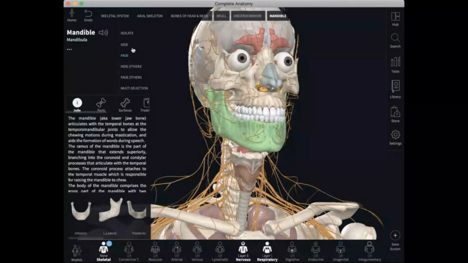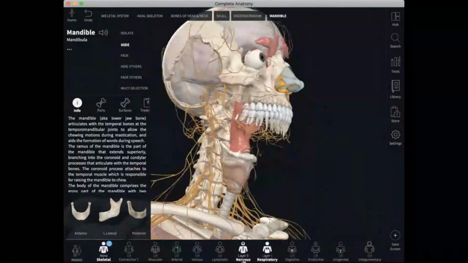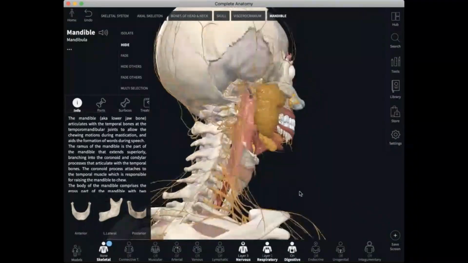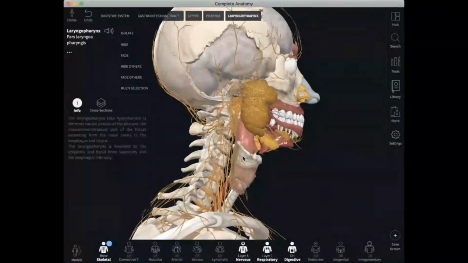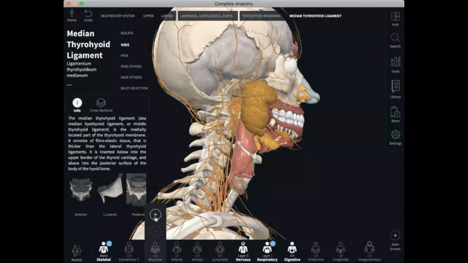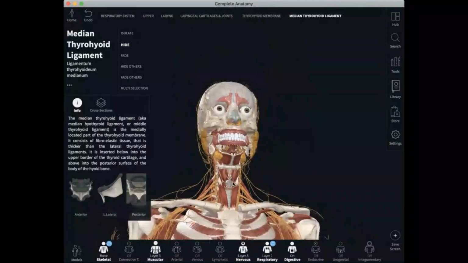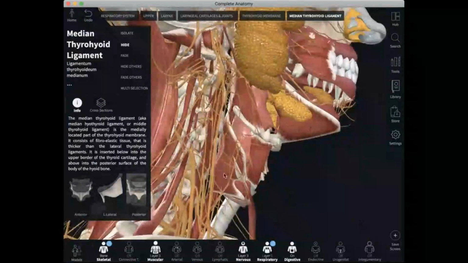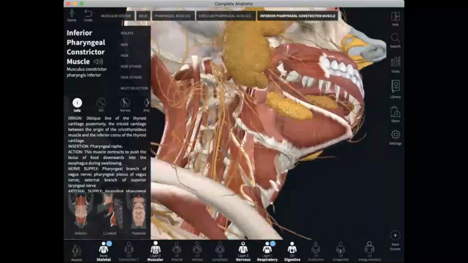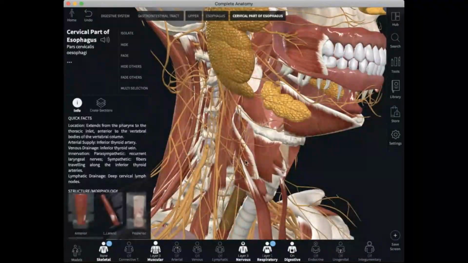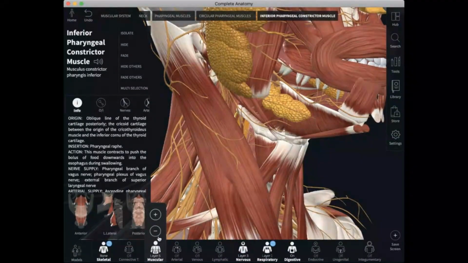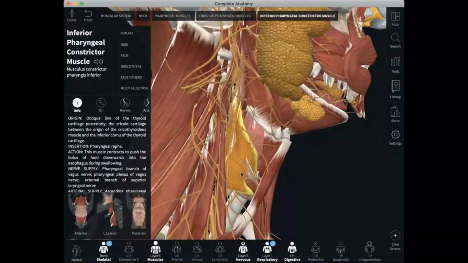now I will remove this. Okay, here what you see is the inferior pharyngeal constrictor muscle, and here there are the superior pharyngeal constrictor muscle and the inferior pharyngeal constrictor muscle.